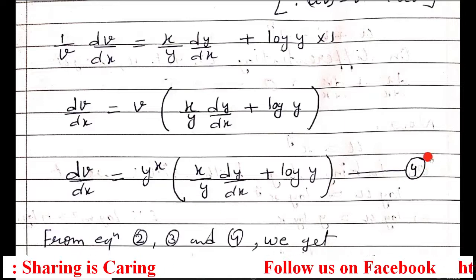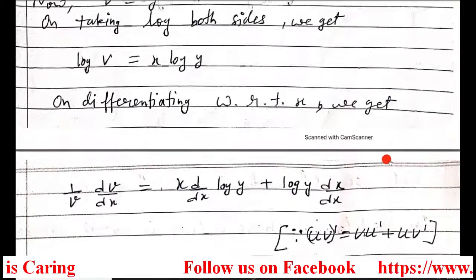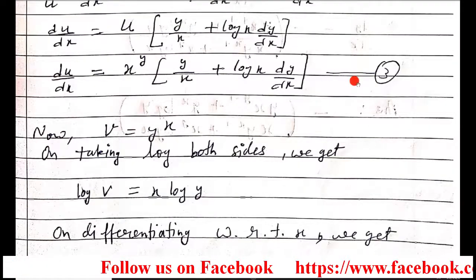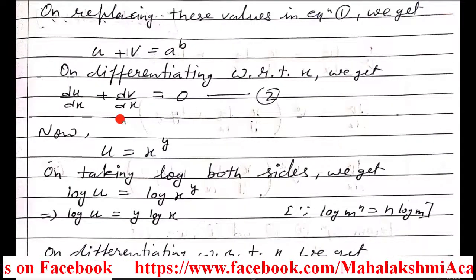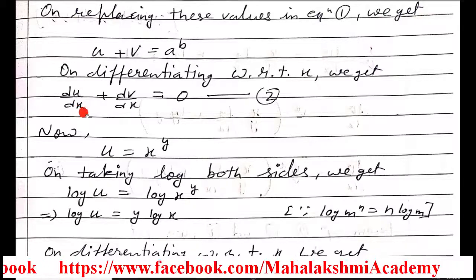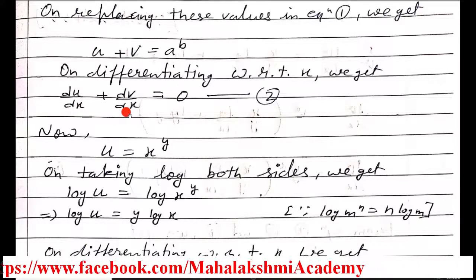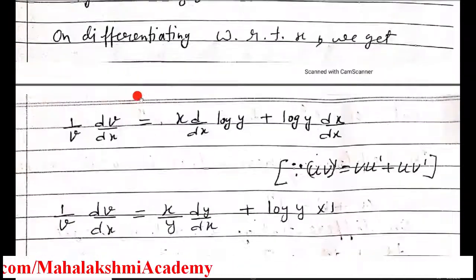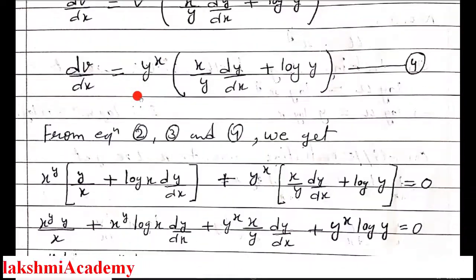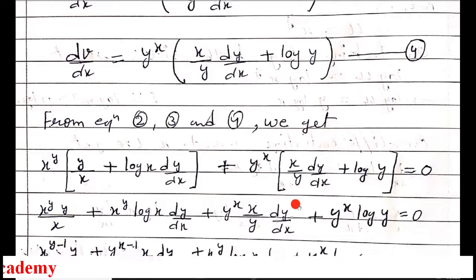So students, from equation 4, and then from equation 3, and then from equation second, we'll substitute the values of du over dx from equation 3 and dv over dx from equation 4 in equation second. So from all these three equations, when we substitute the values, we'll obtain like this.